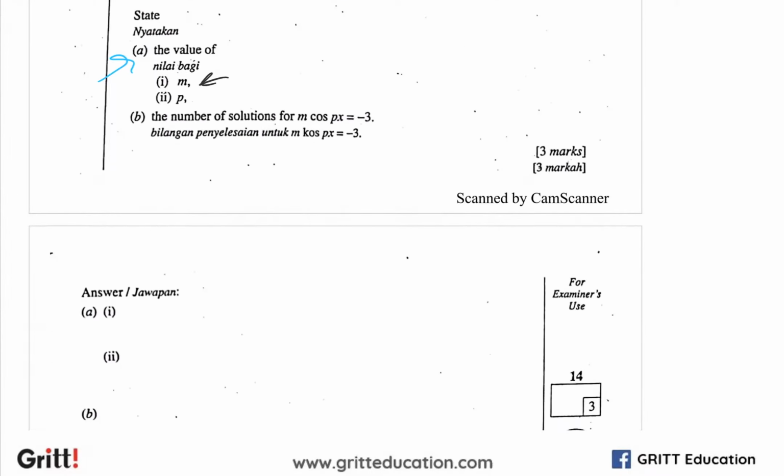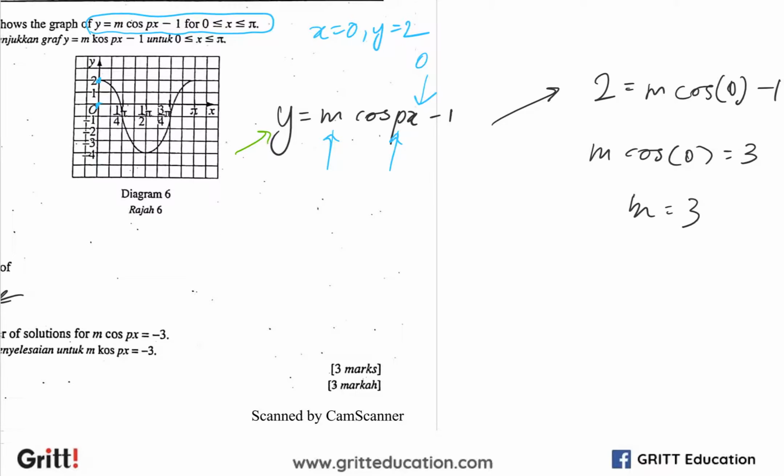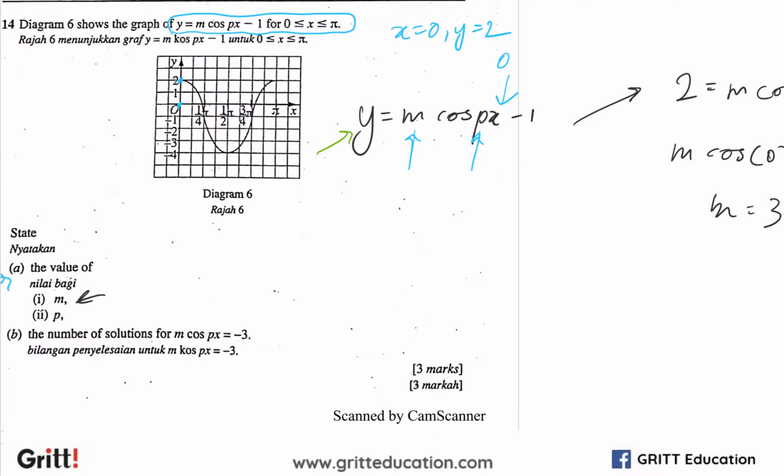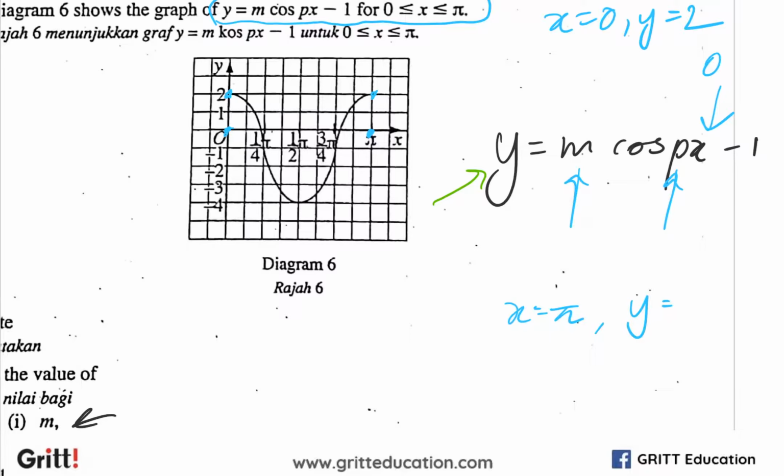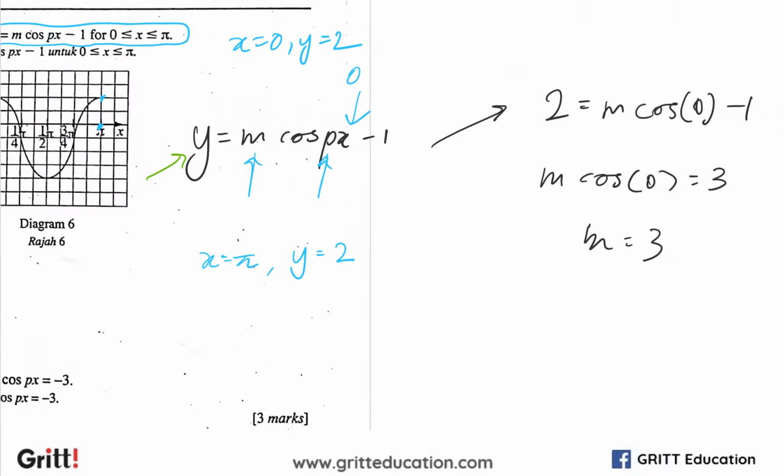How do you find p then? Let's use pi instead. So now x equals pi and y is equal to 2. Now we start all over.